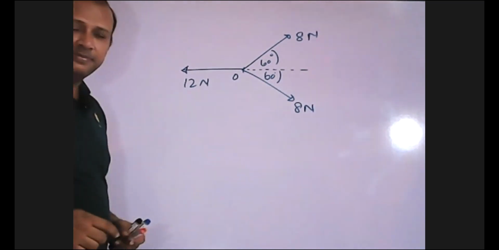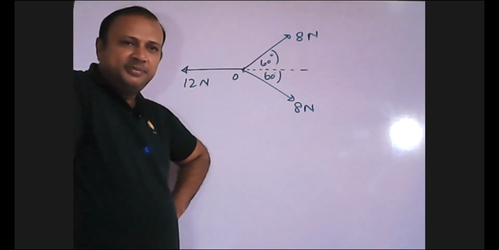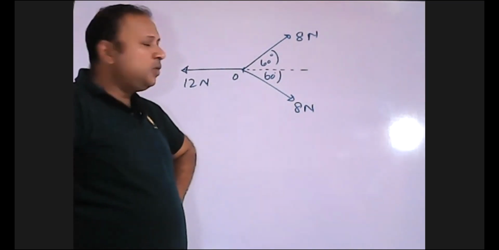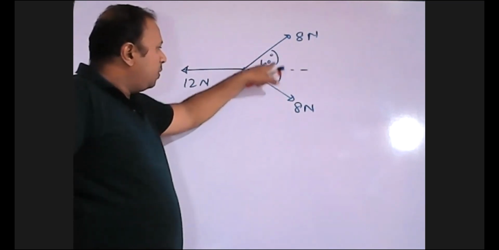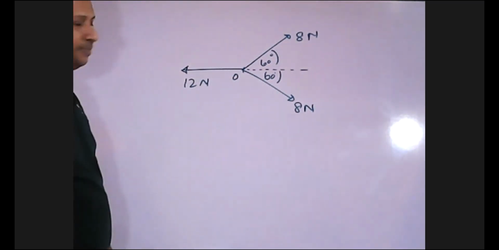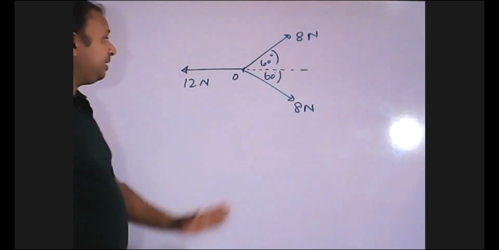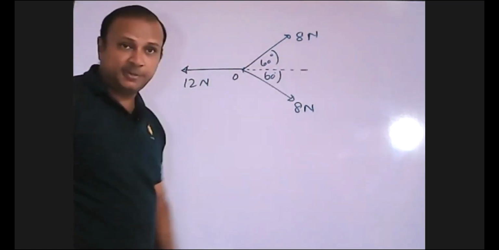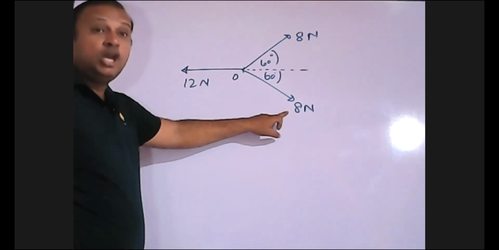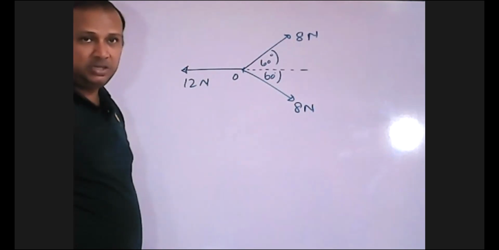Why am I doing it like this? Why can't I use another method? You can clearly see these two angles are equal to each other. Therefore, if I take the components in y direction and x direction, the two y components of these 8 Newton forces should be equal and opposite to each other.